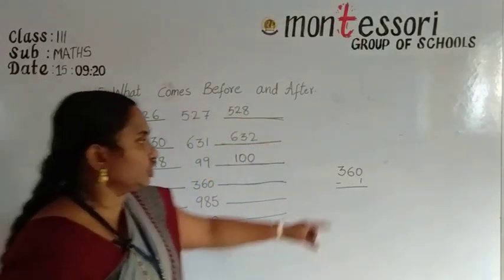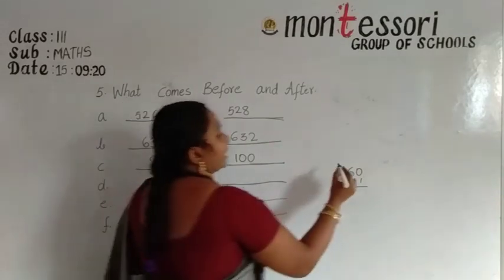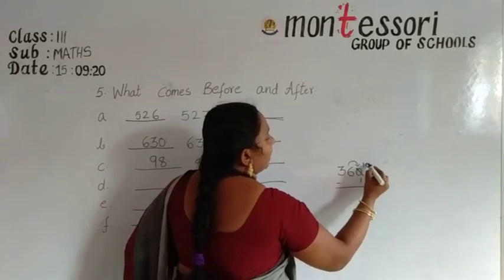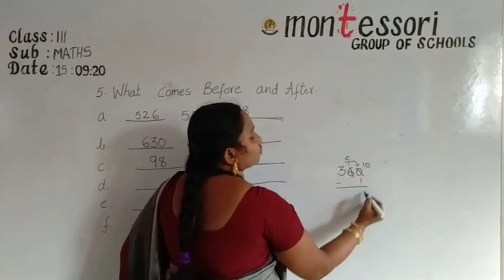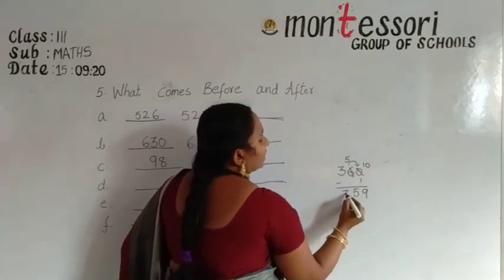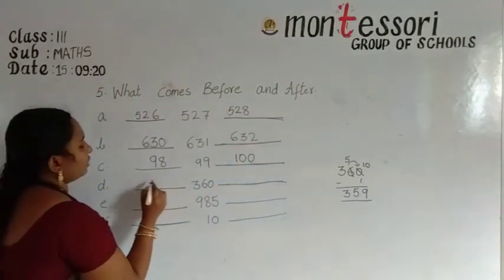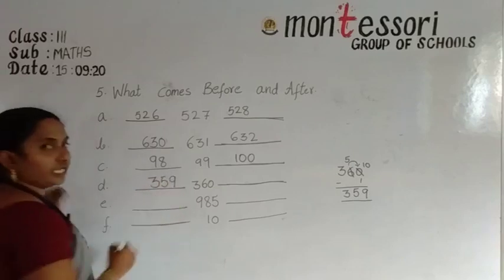No. Why? 0 is the smallest number. So what can we do? We take a borrow. 0 changes into 10 and 6 changes into 5. 10 minus 1, 9, and 5 I am writing here and again 3. So 359. 359 I am writing here.